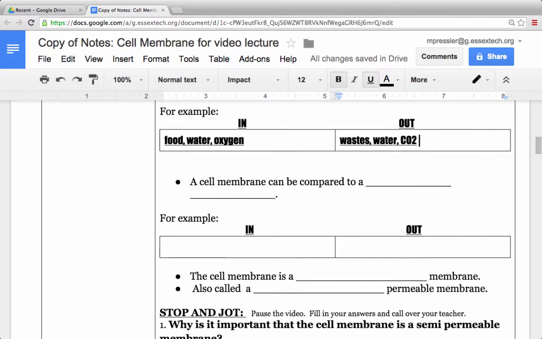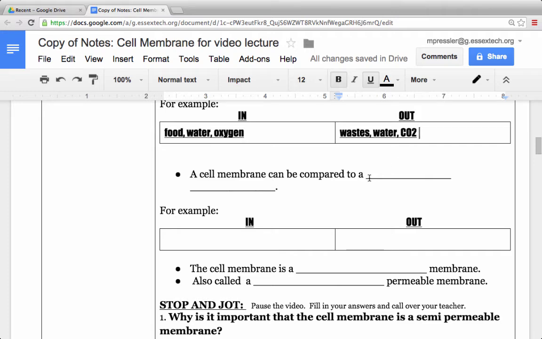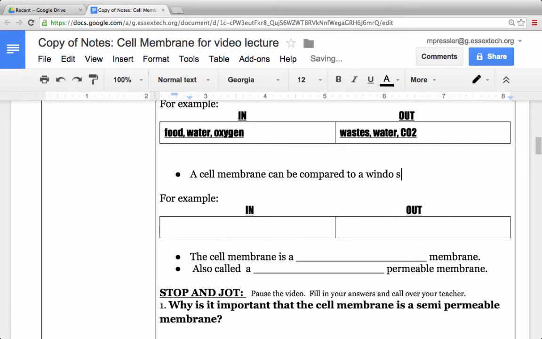So to maintain this balance, the cell needs to be able to take things in, and it needs to allow things to go out. So we can compare a cell membrane to a window screen. What would we want to go through our window screen? Well, we probably would just want some air, right?